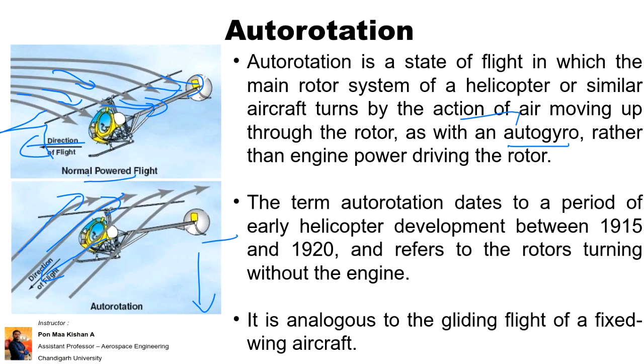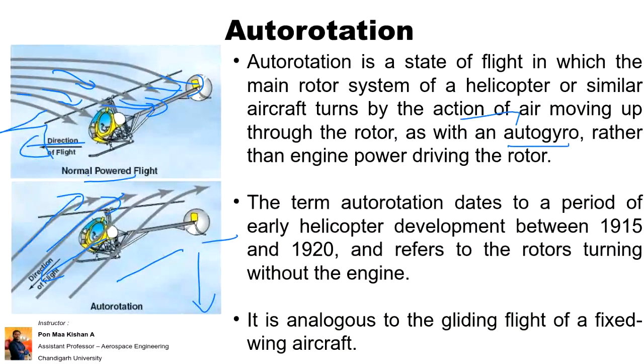Make sure you understand that autorotation doesn't mean that the helicopter will land vertically. Okay. Because if we try to land that way, it will end in disaster. So we have to land with a descent rate, like a gliding phase. Okay. So what will happen is the rotor will still be rotating.